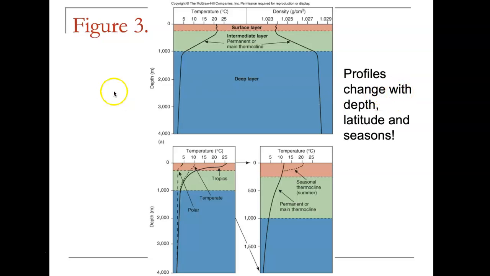So temperature changes not only with depth, but it also changes with latitude. Obviously, much warmer at the equatorial regions in the tropics than it would be in the polar regions at the surface. And then it also can change with seasons. So again, much warmer temperatures at the surface in the summer versus in the winter. So this makes marine conservation very challenging.